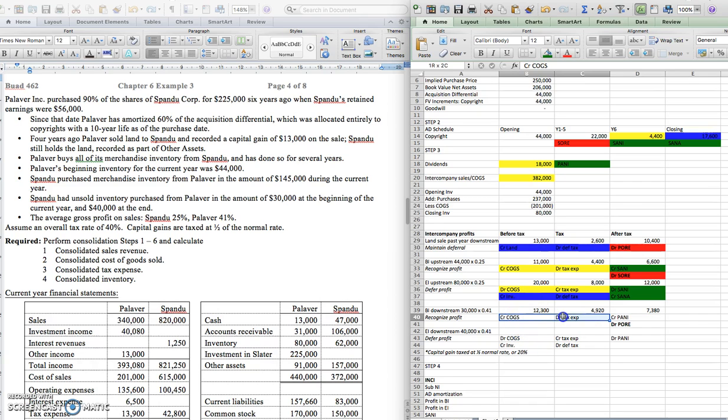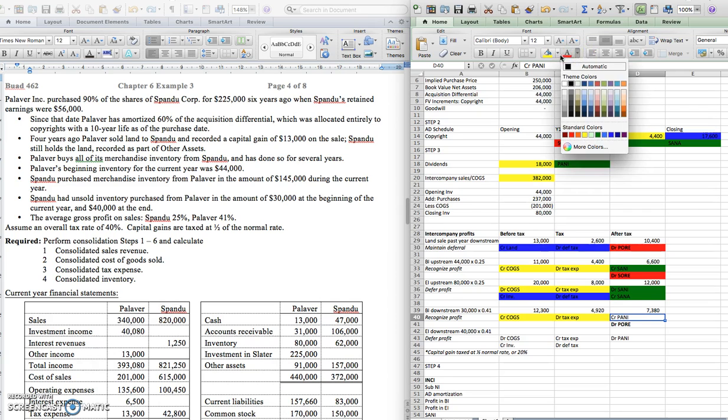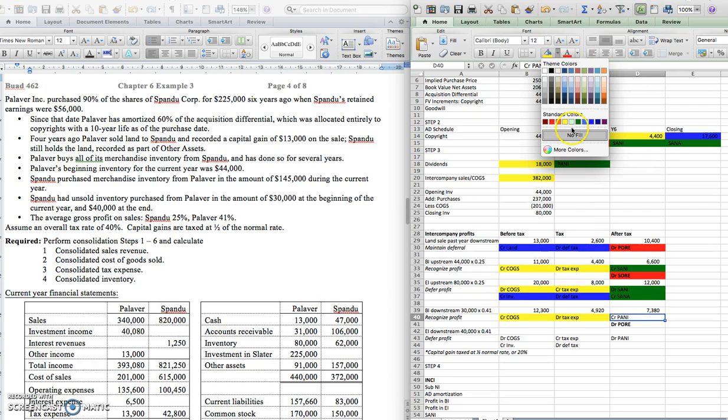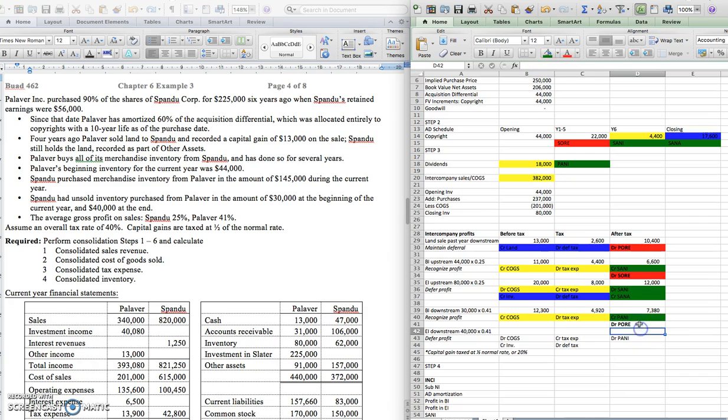COGS and then tax expense are both income statement items, so let's color those. Our penny needs to be green. Oops, let's try this again. Green. And our pour should be red.